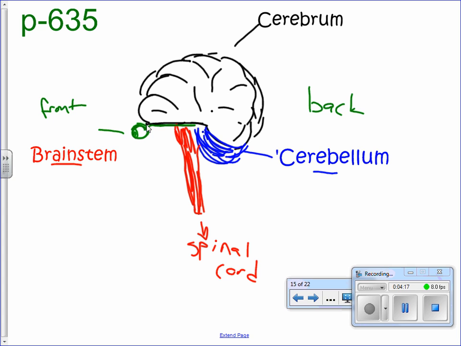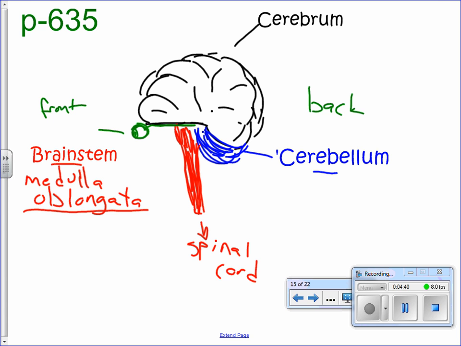The brainstem is also known as the medulla, or the medulla oblongata, if you want to sound all fancy. Of course it connects to the spinal cord, but it turns out the brainstem has some really important functions as well.